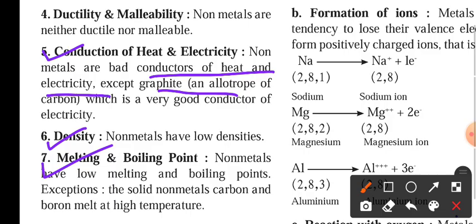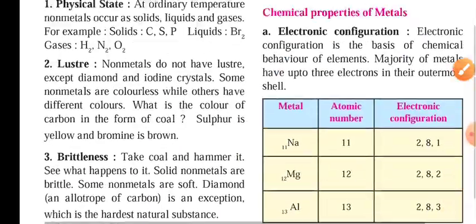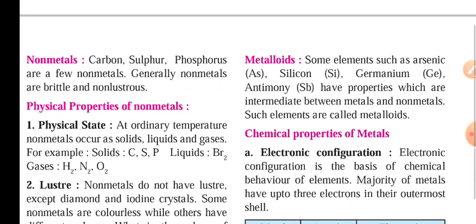Now here comes an activity for you: you have to write the distinction between physical properties of metals and non-metals, which we have already studied. Make two columns, one side the physical properties of metals, the other side the physical properties of non-metals, and write comparative points.